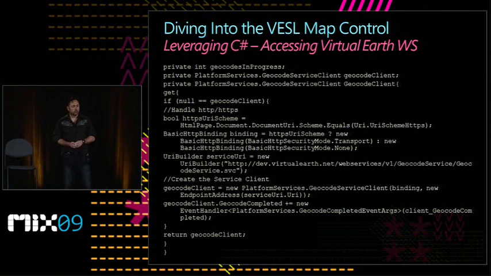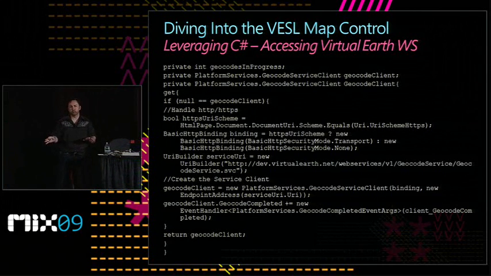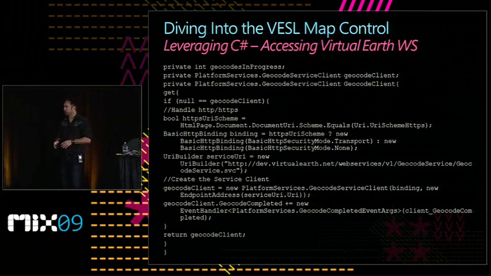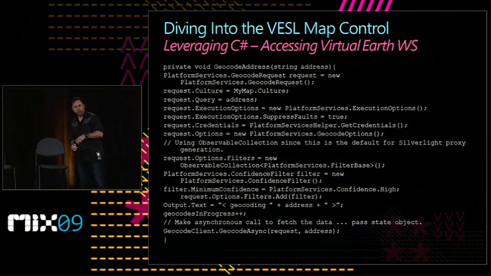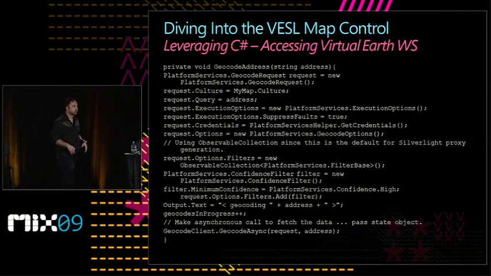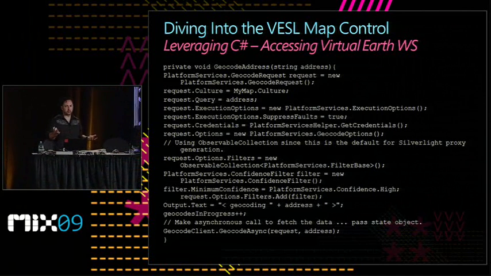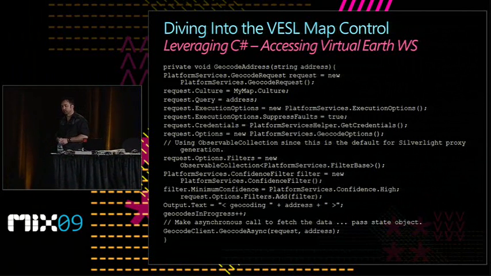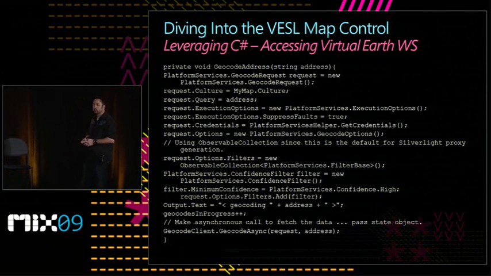Okay? That's the flow of data that you would do. And there's tons of information on our WCF service. So we don't have to go into too much detail, but just going through this, you're making requests, you're getting responses back, you're parsing them down. We have parsers built in for Visual Studio and .NET, obviously, and then rendering that information by using that geocode client request onto the map. Okay?